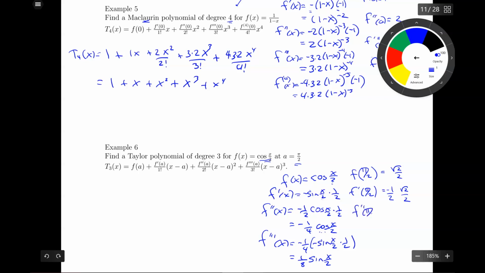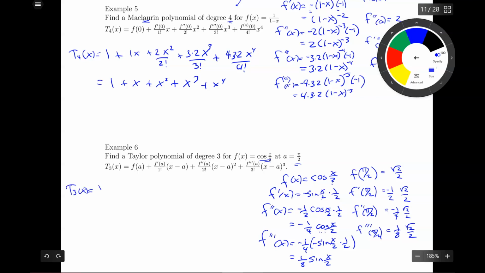Second derivative at pi over 2, I'll get a negative 1/4 times the cosine of pi over 4, which is root 2 over 2. And third derivative at pi over 2 will give me a positive 1/8 times root 2 over 2. So some uglier numbers here, but we're good with that.